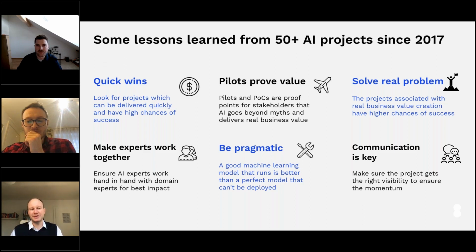You can build the momentum. That ties in with the pilots. They are also important for proving that value and convincing stakeholders. And then you should really focus on adding business value. So think about all the things that AI can do. Think about all the things that have value for your business, and then take the intersection of these two areas.